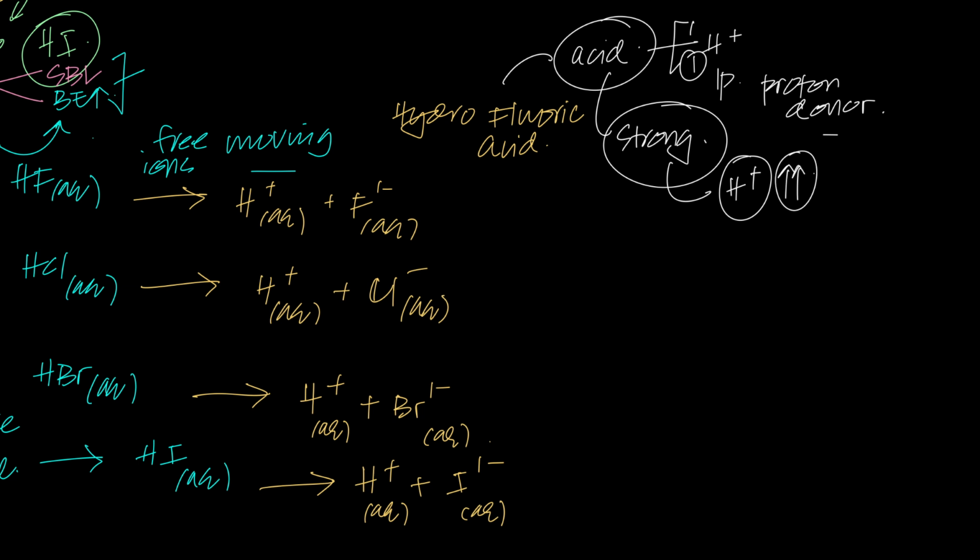The more H plus ions it gives you, the higher the strength. That's why we say a strong acid is an acid which fully dissociates when dissolved in water, which fully ionizes, and gives you so many hydrogen ions. And the one that gives you fewer hydrogen ions will still be an acid, but a relatively weaker acid.